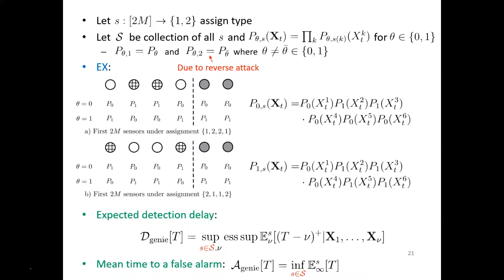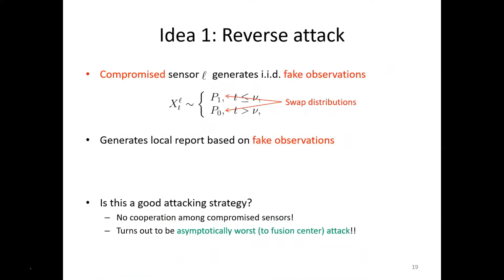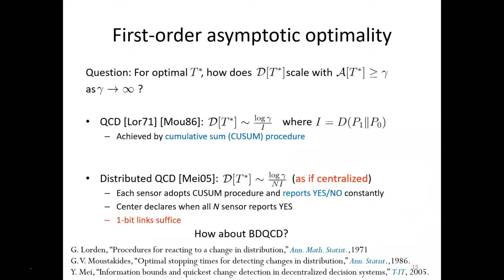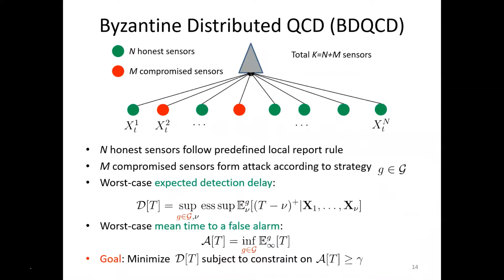So for this problem, after the Genie, we can again define the delay and the mean time to a false alarm. Here you can see how we define the delay and the mean time to a false alarm for the original BDQCD. We take the sup over all G, and we take the inf over all G for the mean time to a false alarm.